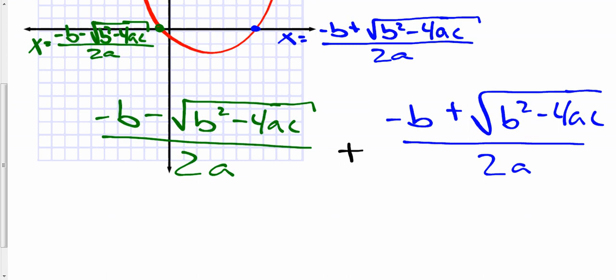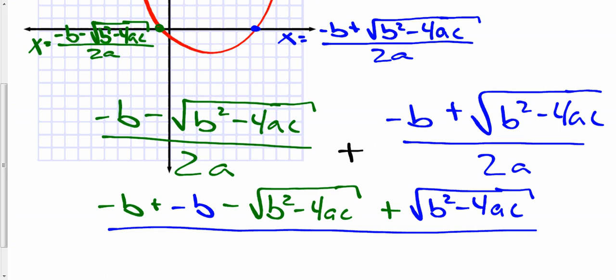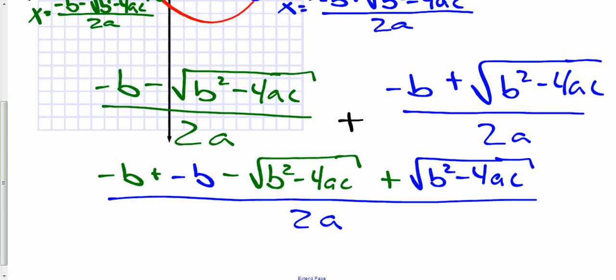I got my green negative b plus my blue negative b, minus my green square root across my blue square root, all over 2a. I'll just do that in blue because I'm lazy. How about now? Is it easier to see what happens here?